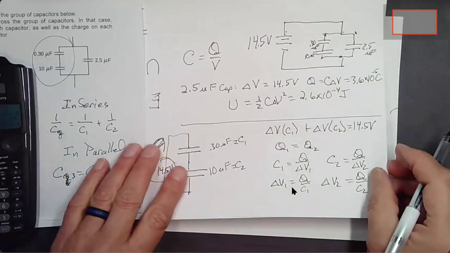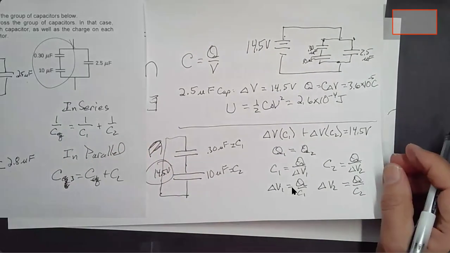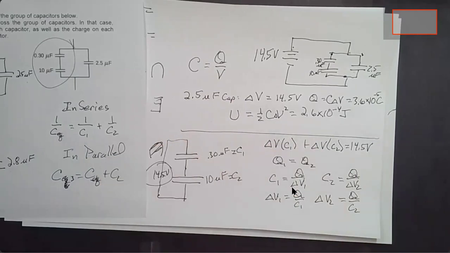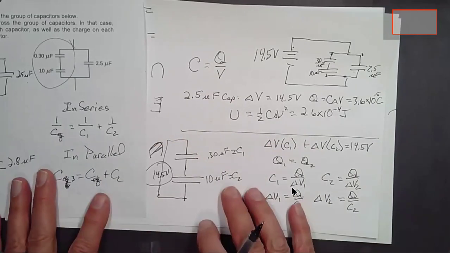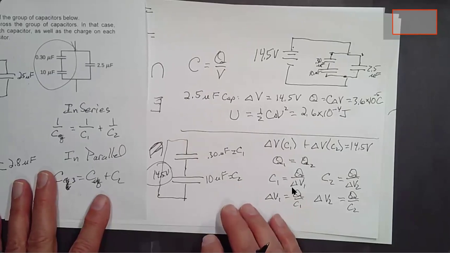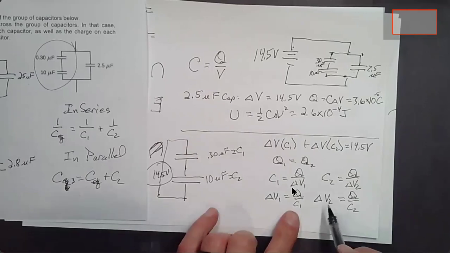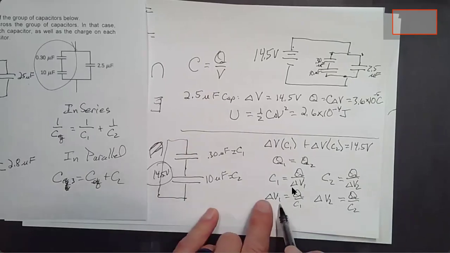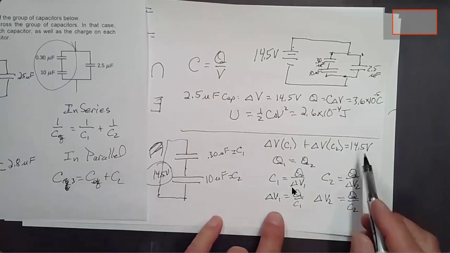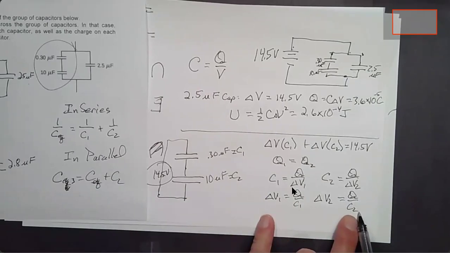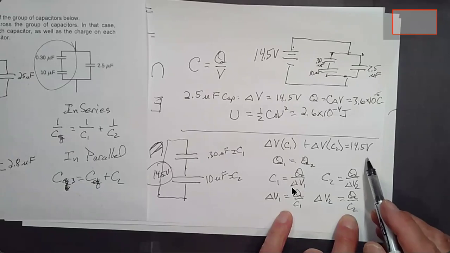I've got enough to solve this now, except I'm out of time. Anyway, this isn't a horrible problem. It's just time consuming. I asked too many things in it. But what I can do is delta V1 plus delta V2 is 14.5 volts, so Q over C1 plus Q over C2 is 14.5 volts.